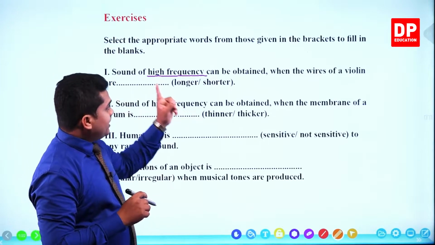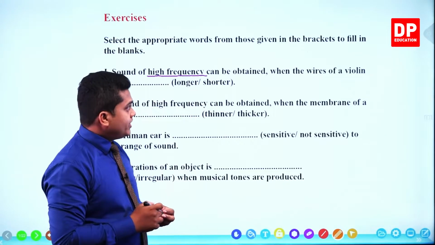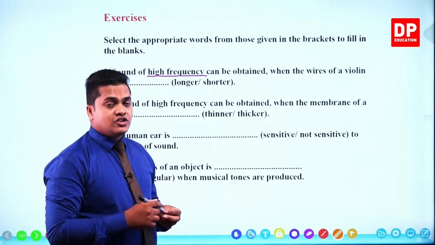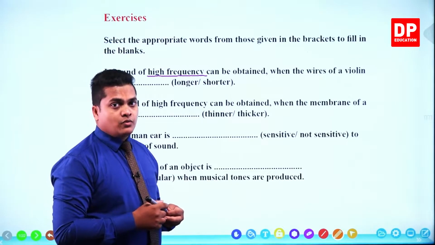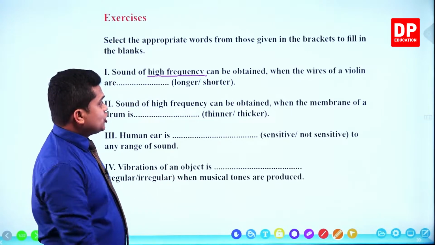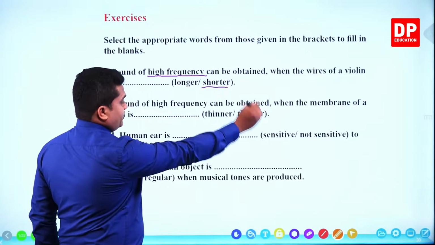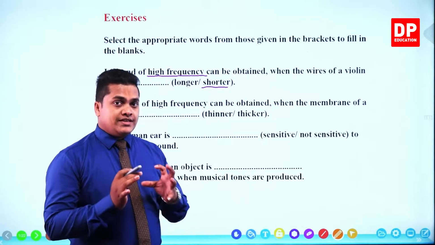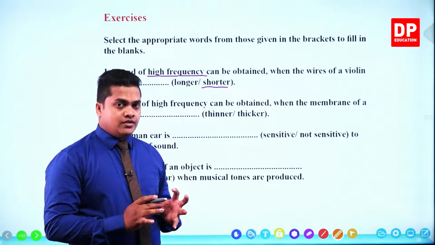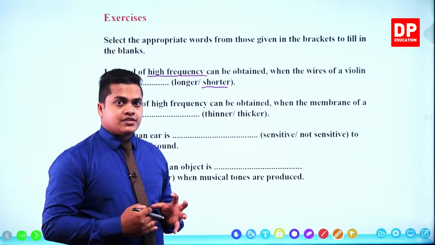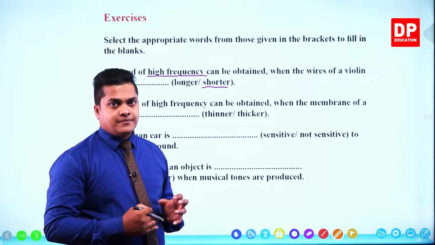So high frequency sound can be obtained in a violin, right? A violin is a musical instrument which produces sound by the vibration of strings. When the vibrating strings are shorter, the frequency of the generated sound is very high.